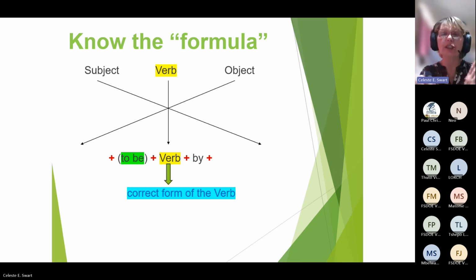Your subject and your object are going to swap places. Then you will have the correct form of the verb to be, and those we'll look at now. And you will also have the correct form of the actual verb that is used here, by, and then obviously the subject that swapped places with your object.